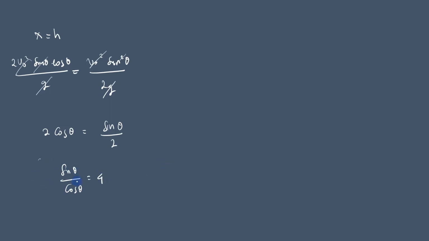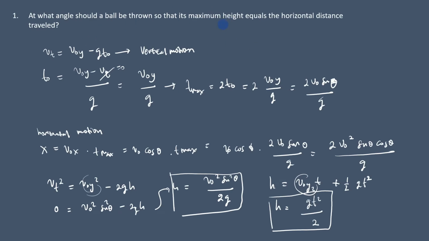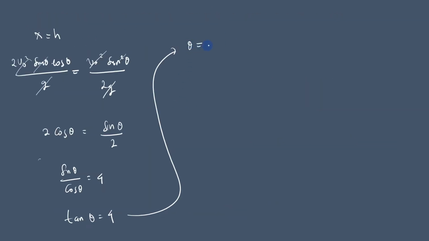And by the trigonometric identity, we get that tan theta equals 4. So the angle for this condition is theta equals arctan 4. Calculated by the computer, we get theta equals 76 degrees. Okay, we get the angle of the condition like that.